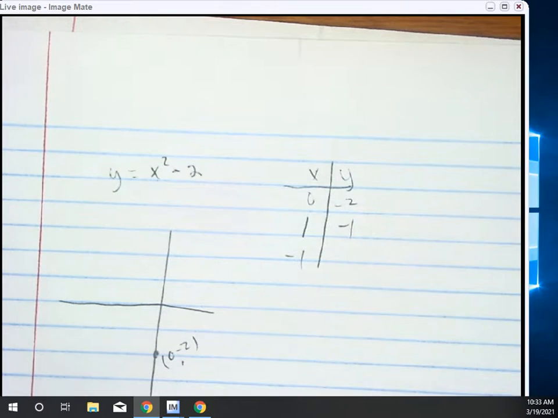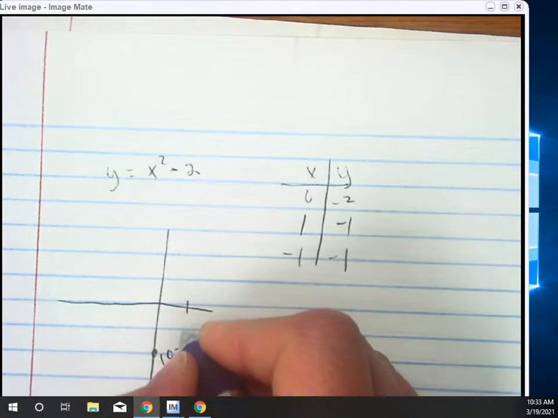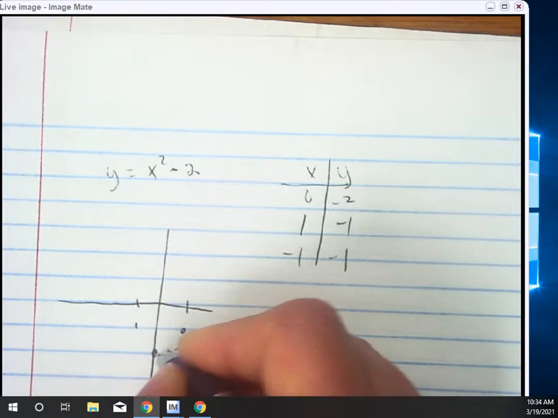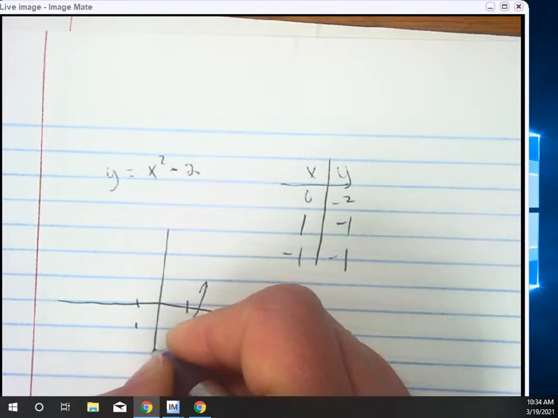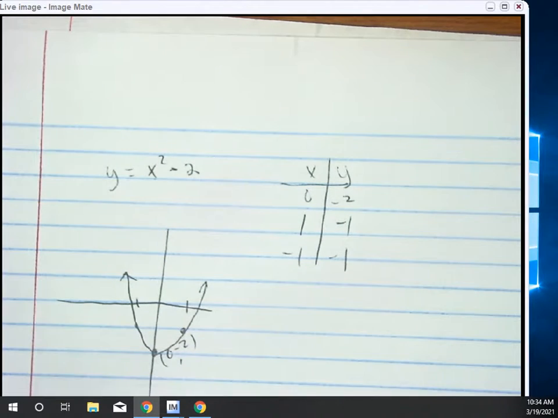If I put a negative 1 in, what's negative 1 squared? Minus 2. So I know how wide my parabola is going to be. Okay? So far, so good?